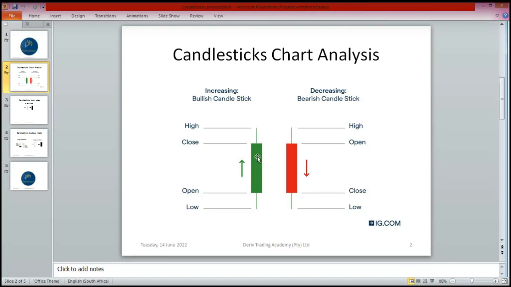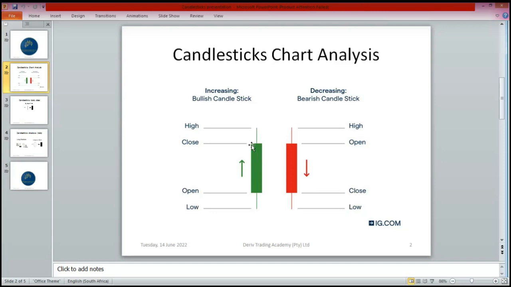Here is your opening price. Where is your closing price? Here is your closing price. Whenever you see a closing price above your opening price, that is a bullish market, meaning the market was going up.